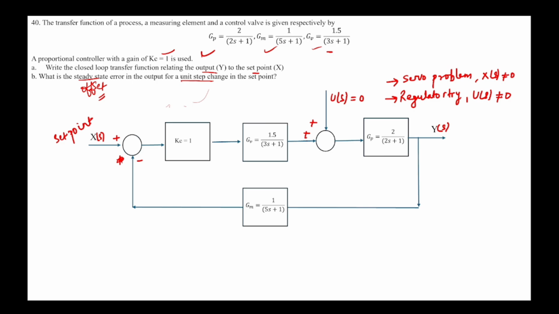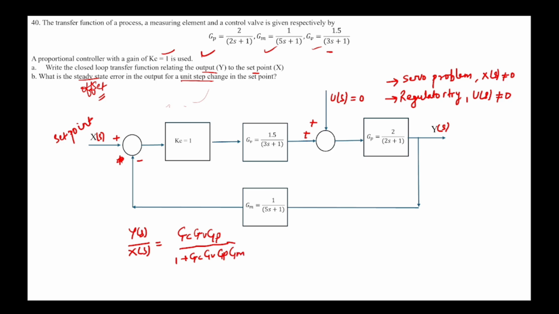So very first the question is asking for closed loop transfer function. Closed loop transfer function YS upon XS will be GC GV GP upon 1 plus GC GV GP GM.